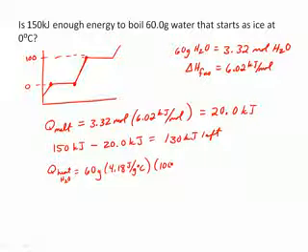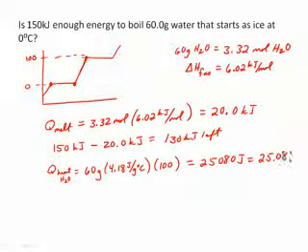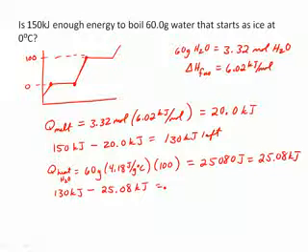I'm going from 0 to 100 degrees. So that is 60 times 4.18 times 100, which is 25,080 joules, which is 25.08 kilojoules. So again, I had 130 kilojoules minus the 25.08 kilojoules to heat the water to 100 degrees.